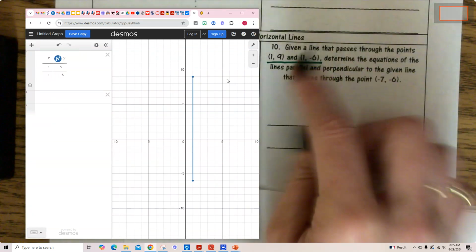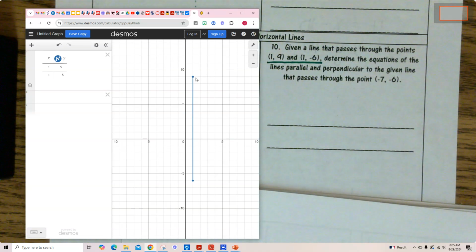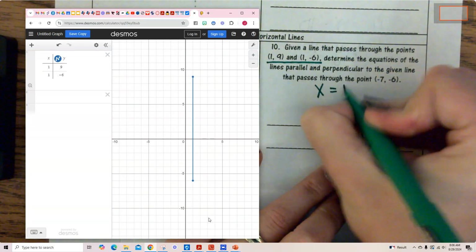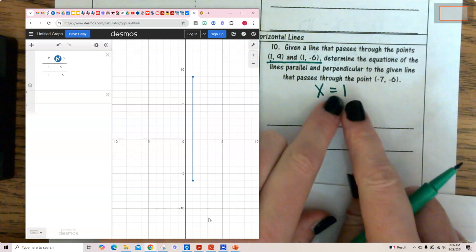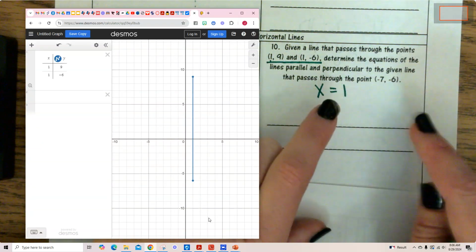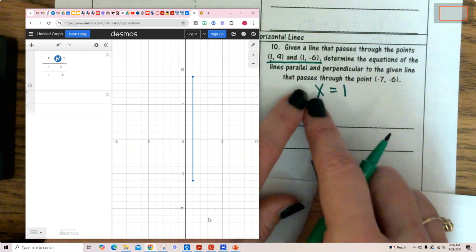These points give me a vertical line. My given line, vertical lines are x equals whatever the x value is. That's my given line.